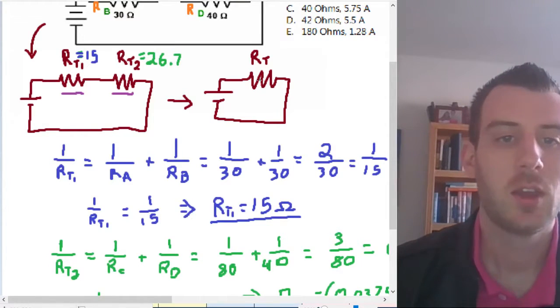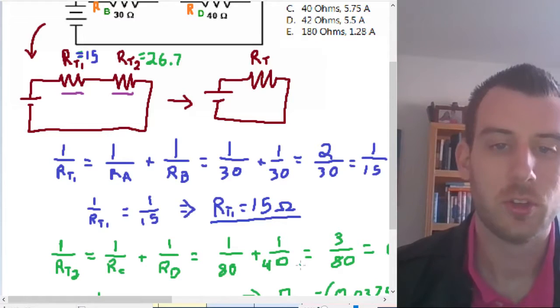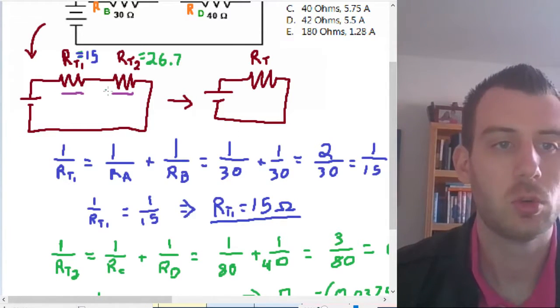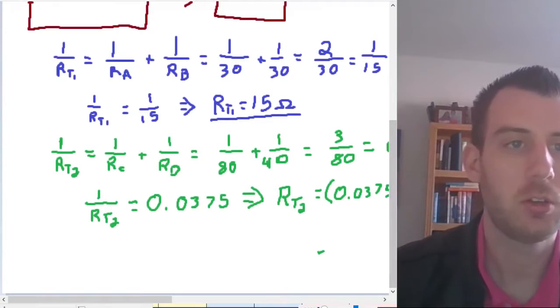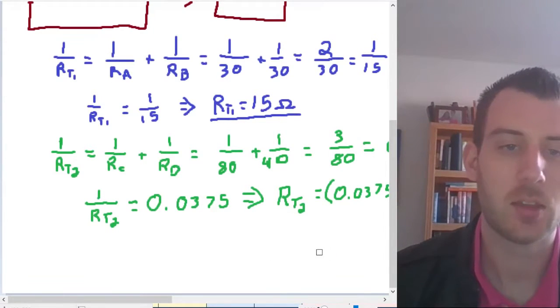Okay, great. How do I get to the total resistance? Well, the total resistance is now taking these two, RT1 and RT2, and recognizing they are in series. So how does series resistance work? Well, series resistance works where I just add them together.